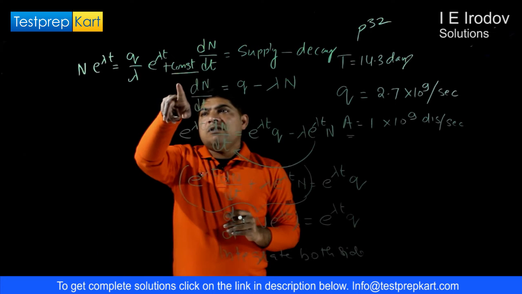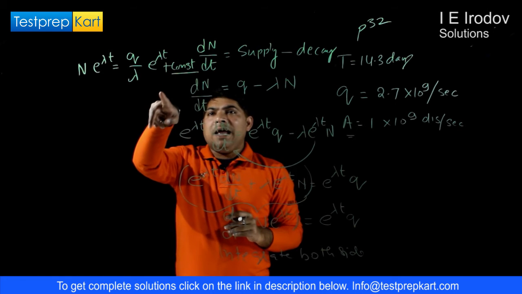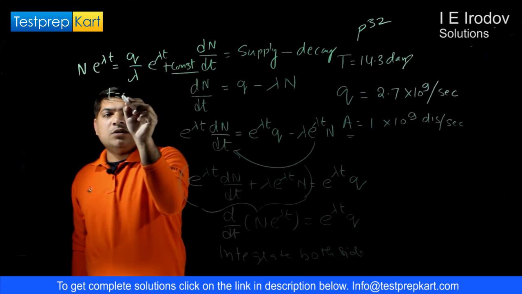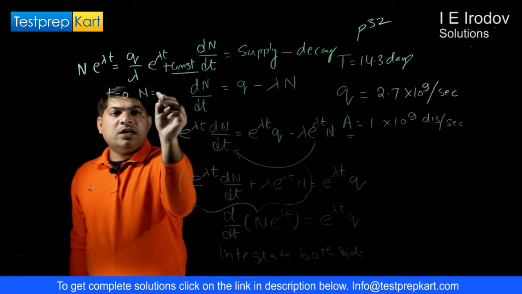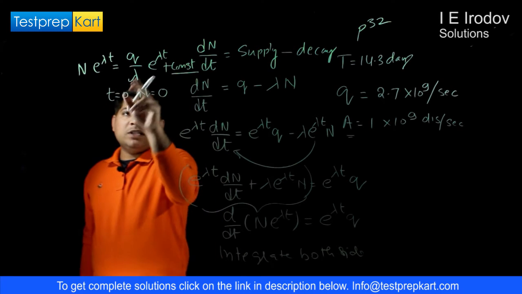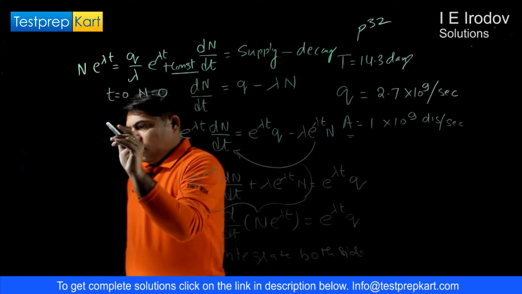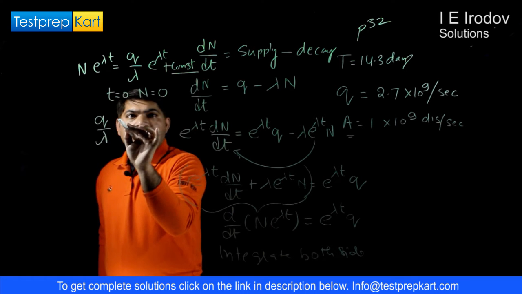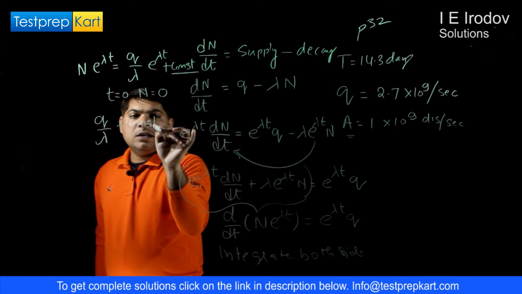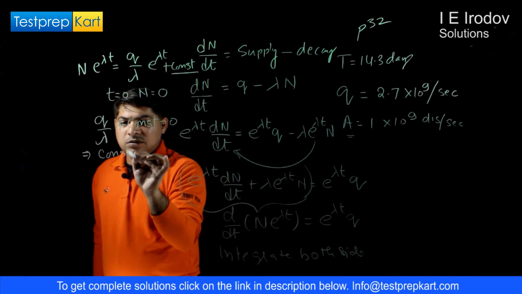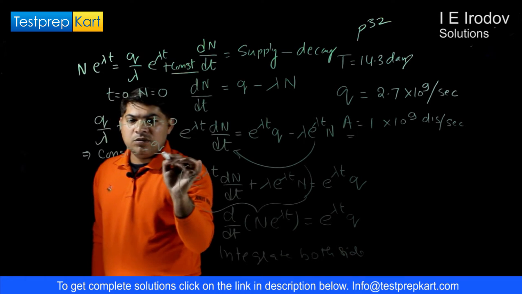We find this constant by applying the initial condition: at time t = 0 there is no nucleus, so N = 0. Substituting, Q/λ plus the constant equals 0, so the constant equals −Q/λ.